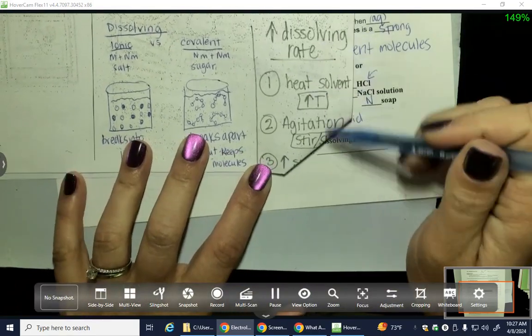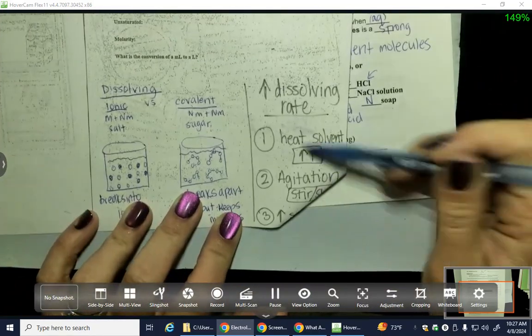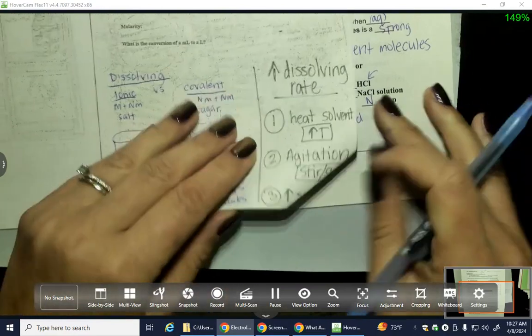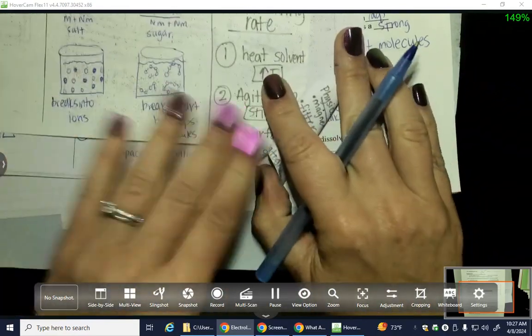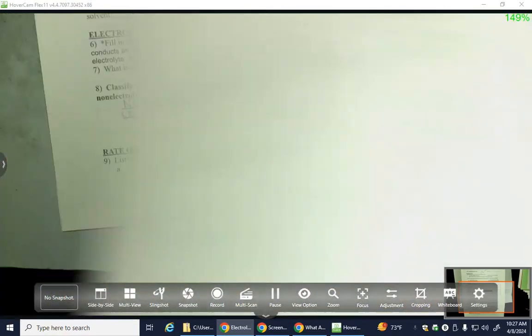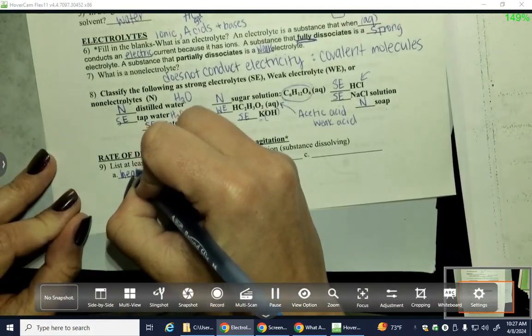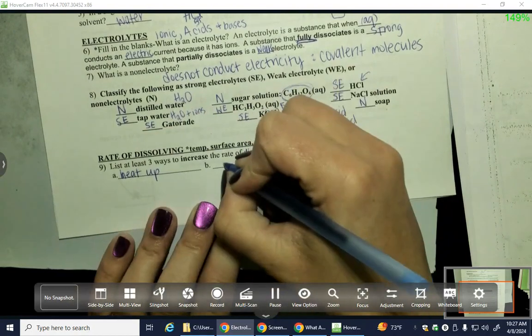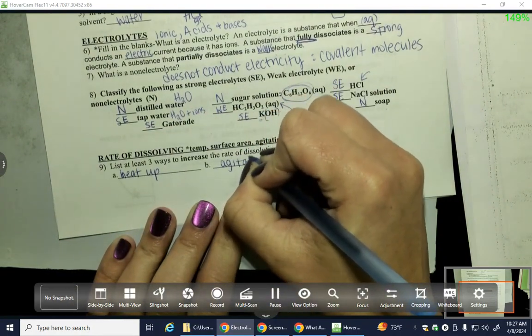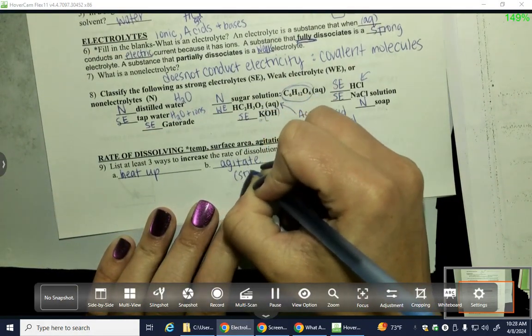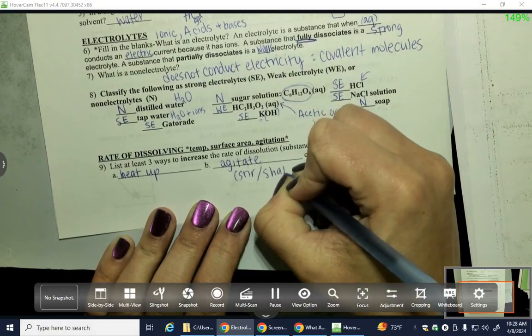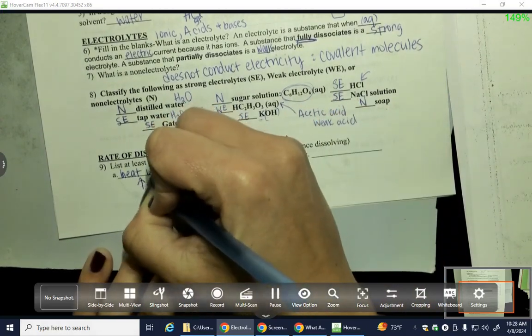So dissolving rate, increasing that, we're going to heat up a solution, we're going to agitate it, meaning stirring or shaking, and we're going to increase the surface area. So heat up, agitate, which is stirring or shaking. This is increased temperature.